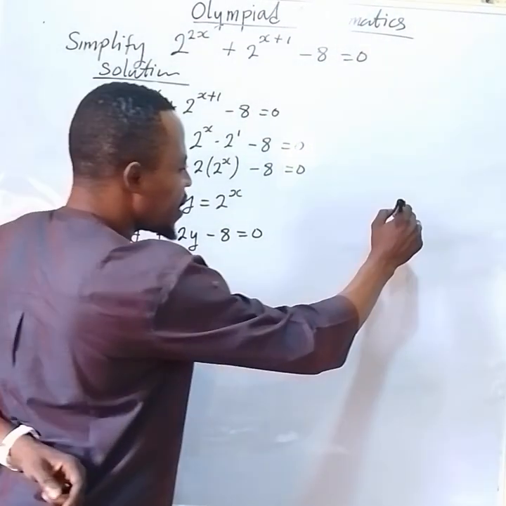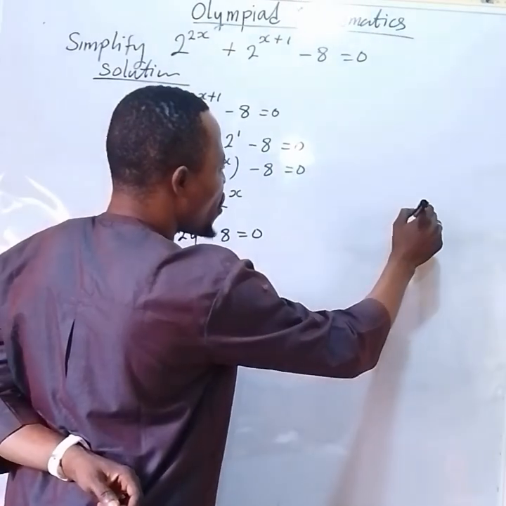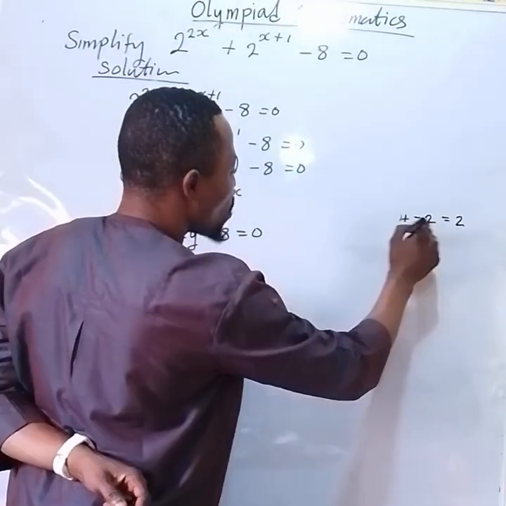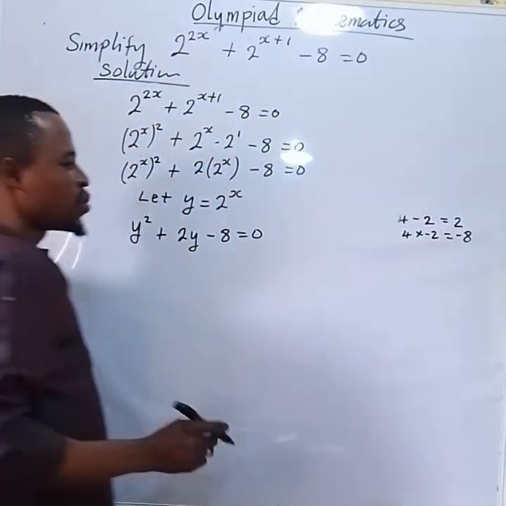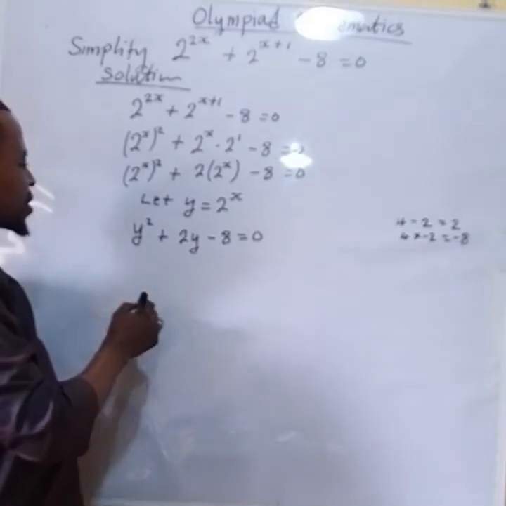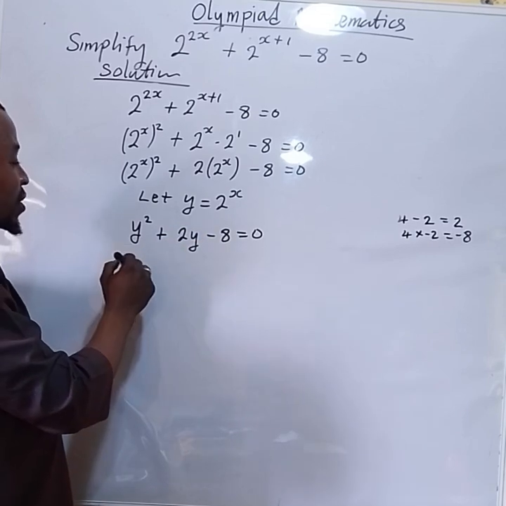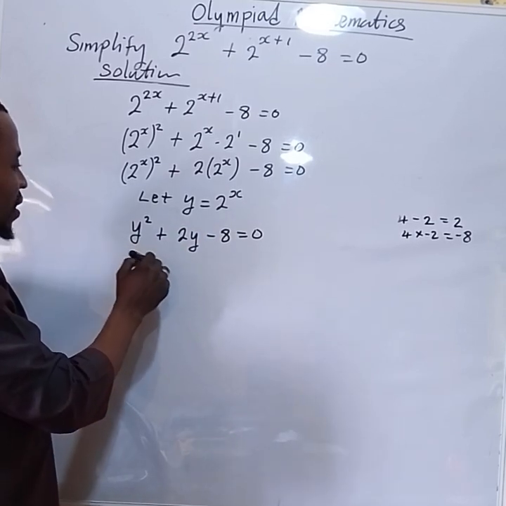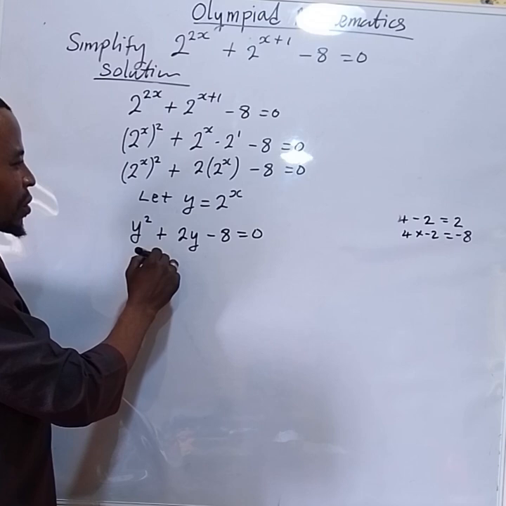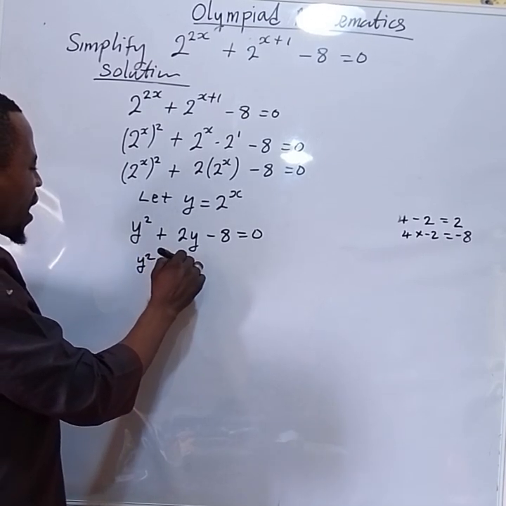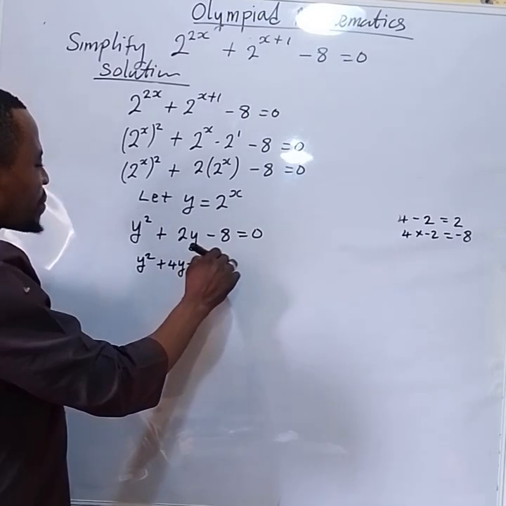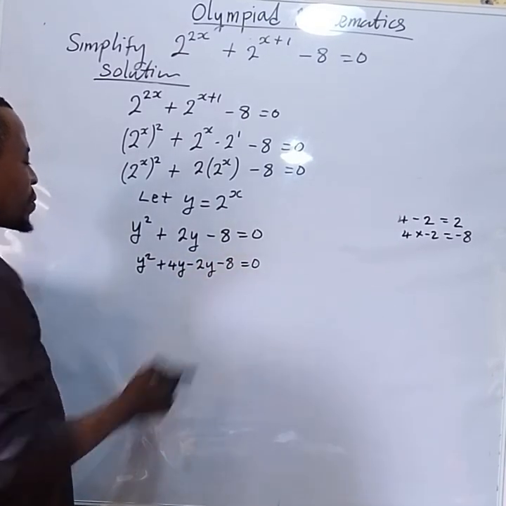So when you have 4 and minus 2, 4 minus 2 equals 2, and 4 times minus 2 equals minus 8. So those are the two factors that we are going to use. From there, it will give us y squared plus 4y minus 2y minus 8 equals 0.